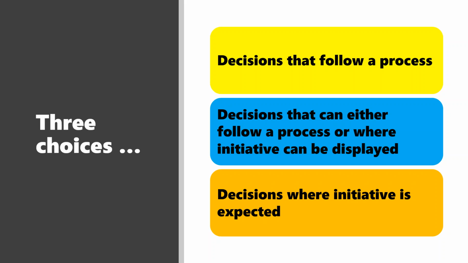And then you go to the right-hand side now, and you ask this question, which is the one here in orange. What decisions can we make where we can show complete initiative? Now you'll find that will probably not be quite as long, particularly if you're in the public sector.